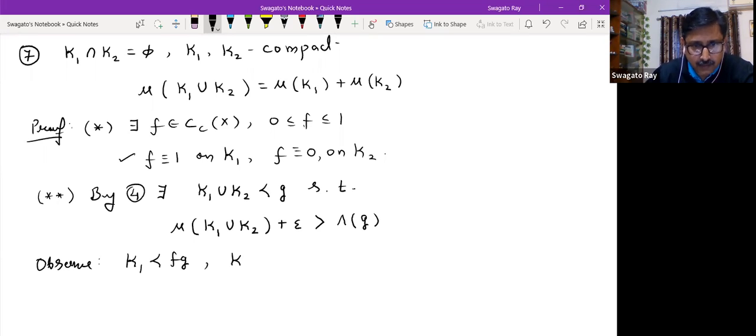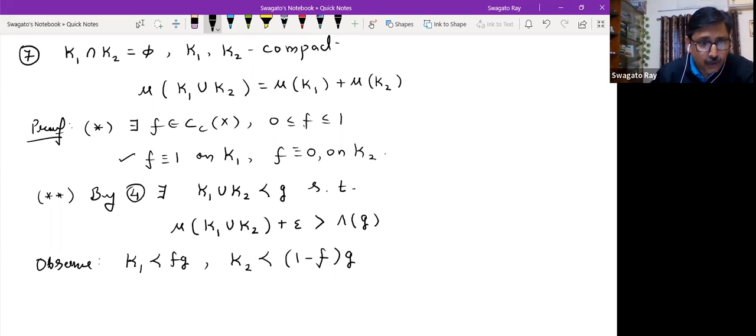Second thing is this. K2, this is because f is 0 on K2. So 1 minus f is identically equal to 1 on K2. So is g. So 1 minus f times g is a CC function satisfying all the required properties.